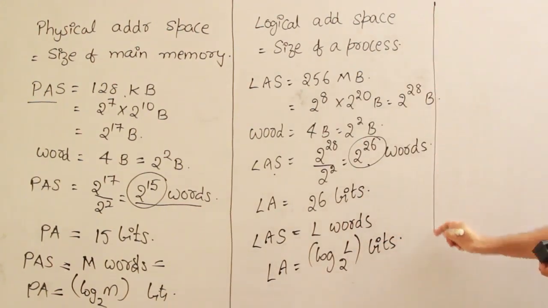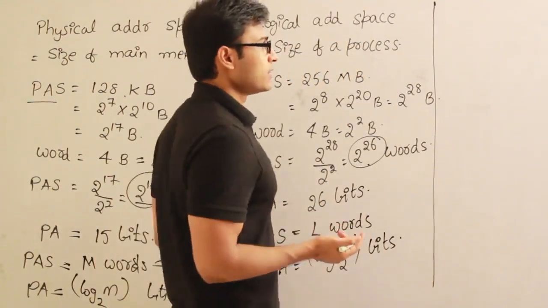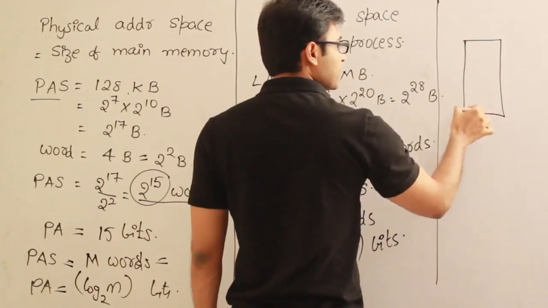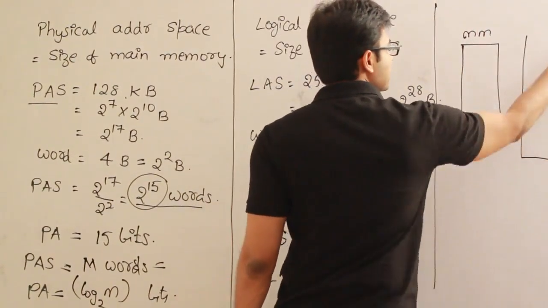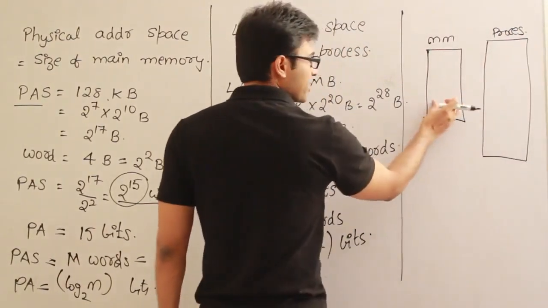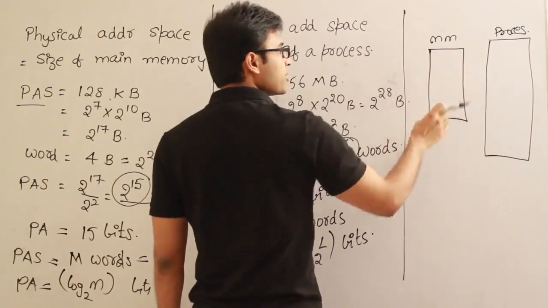See, why was the virtual memory concept introduced? In the earlier days, you have a main memory of this size and a process of this size, and obviously the process size is greater than the main memory size, so we will not be able to place the entire process into the main memory to run it.